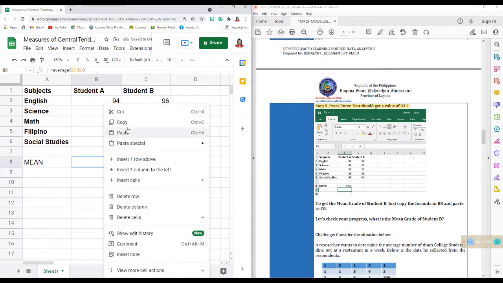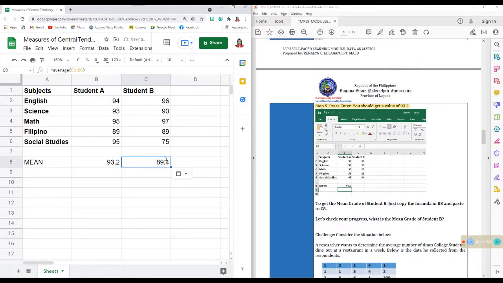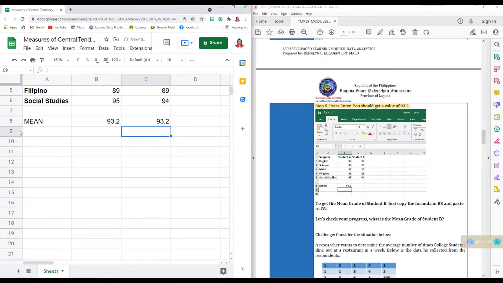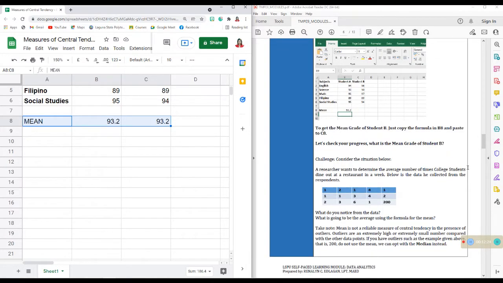Pag ito, kinopya ko, tapos pinaste ko dito, okay, ang average na lang is 89.4. Since we manipulated the value here, instead of 94, ginawa natin siyang 75. Okay? Okay. So, balik ko na muna siya sa 94. Ayan. So, dito ang mean nila, parehas, 93.2. Supposedly sa module niya, dapat papagawa ko tong activity pero pinakita ko na rin.